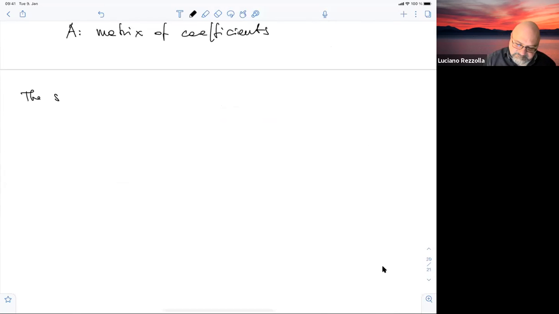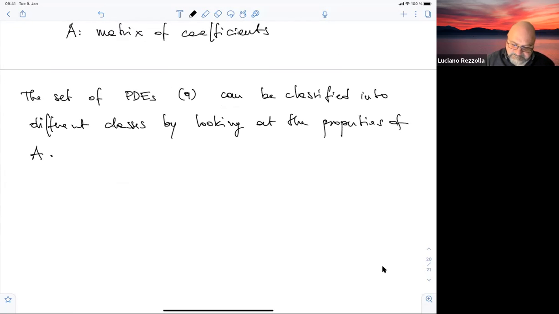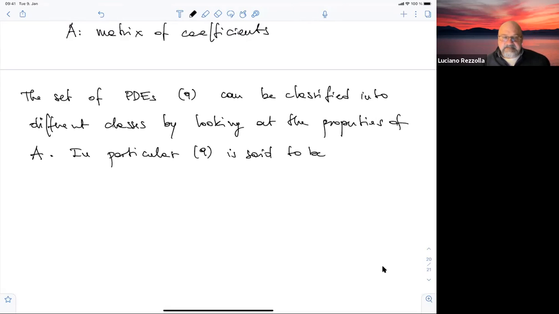The set of equations, the set of PDEs 9 can be classified into different classes by looking at the properties of A. In particular, 9 is said to be linear, let me write it, to be the following.